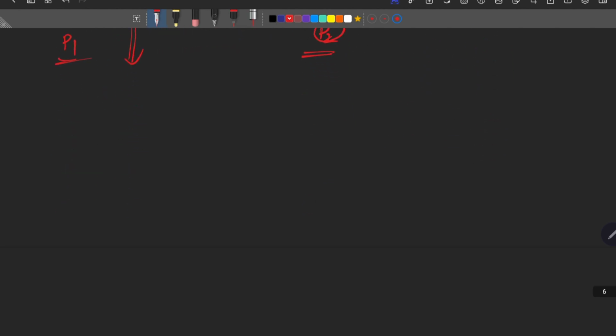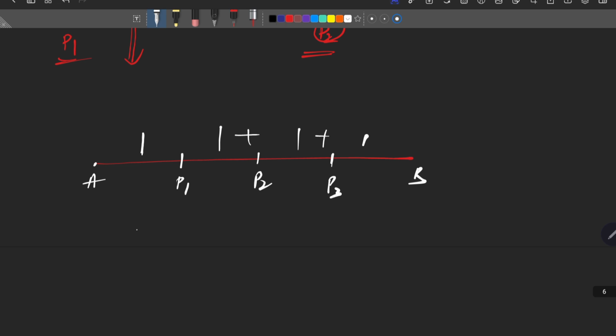In the same way, if I need the line segment divided into 4 parts, let us imagine this is A and this is B. Four parts means I will get P1, P2, P3, with ratio 1 is to 1 is to 1 is to 1. How do we do this type of problem? Take one part here, and these all added make 3 parts. So in case 1, I consider m is to n as 1 is to 3.